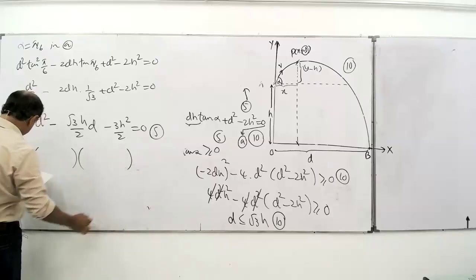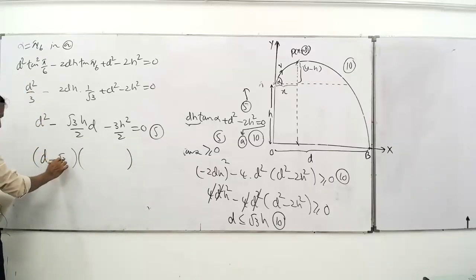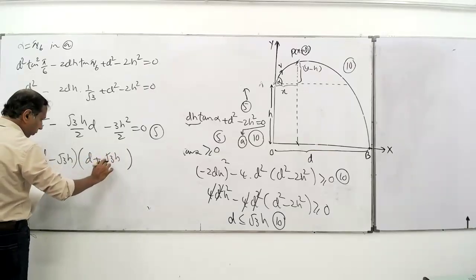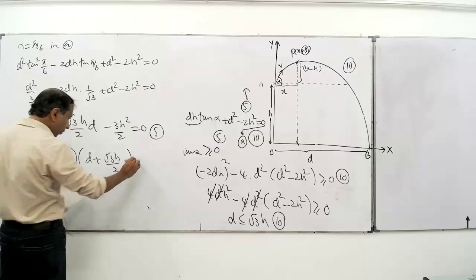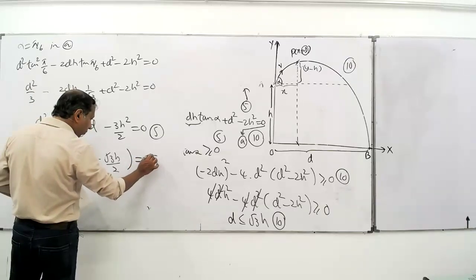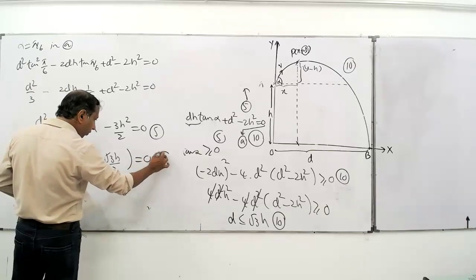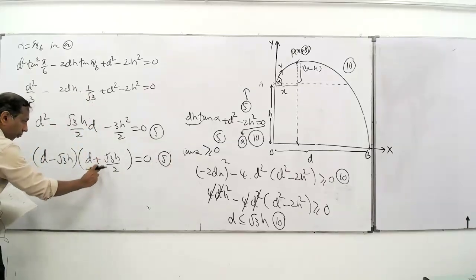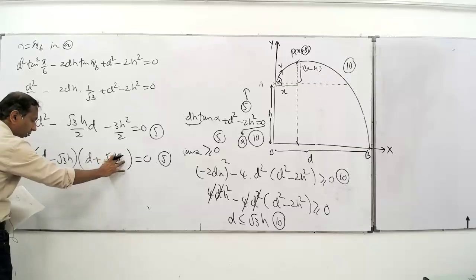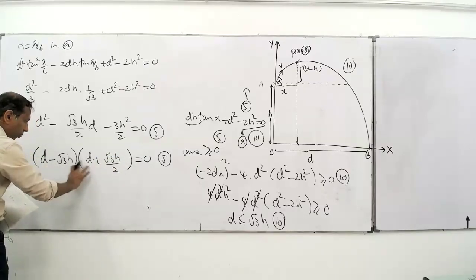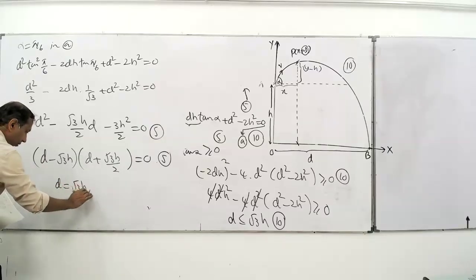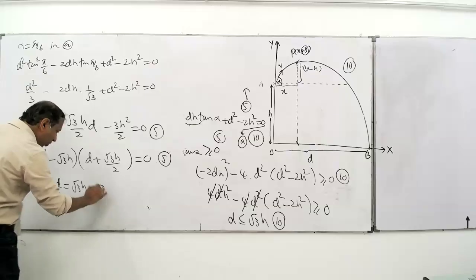Okay. d minus root 3h, d plus root 3h by 2 equals 0. For this one also, another 5 marks. Right. This is positive, no? d is a length, this is positive. Then for this product to be 0, this must be 0.